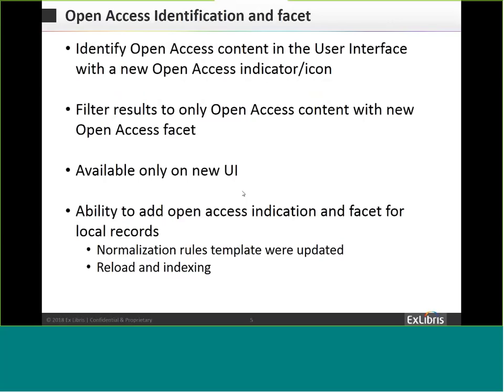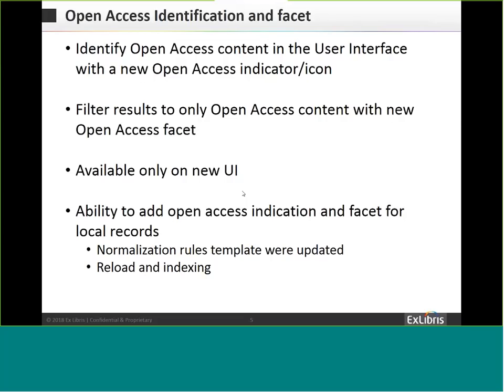So regarding the open access, as part of our strategy to leverage more content that is considered to be free to read for your patrons, we did work on the Primo Central, and we tried to identify and flag which of the material there is considered to be open access.